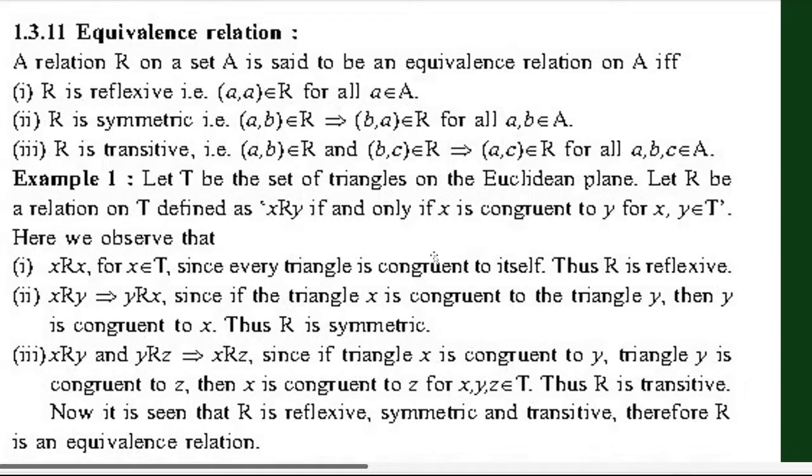A relation R on a set A is said to be an equivalence relation on A if, number 1, R is reflexive, that is (a, a) belongs to R for all a.